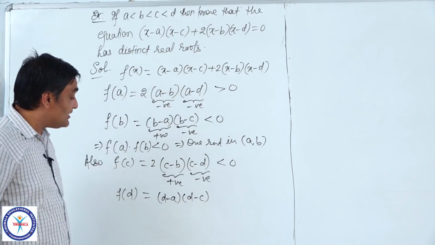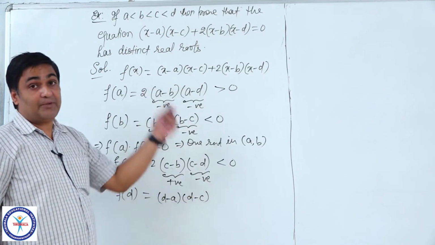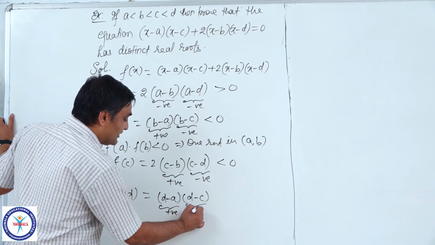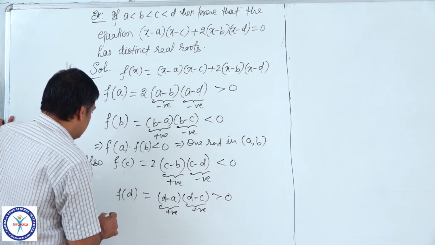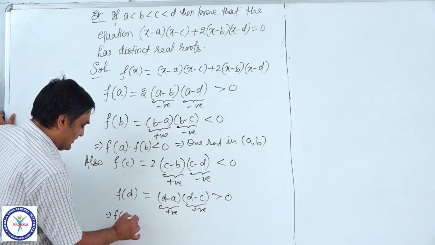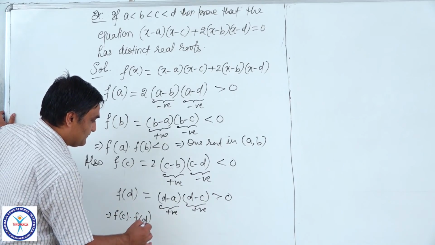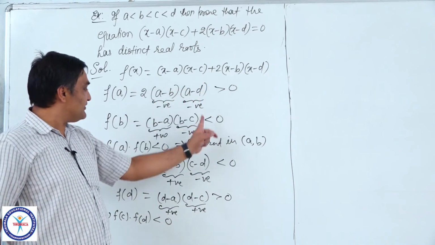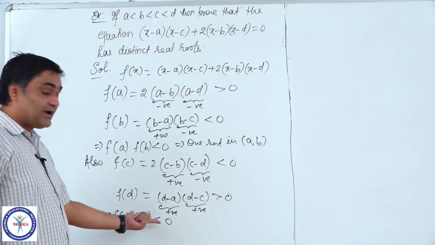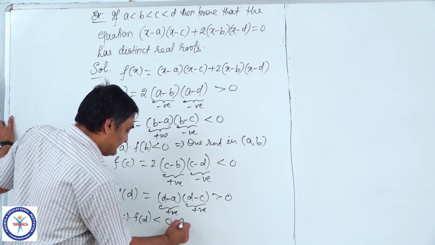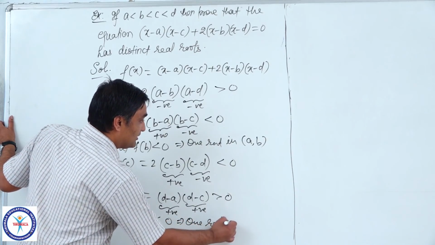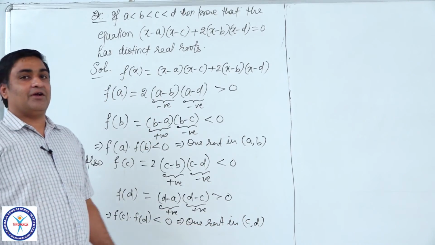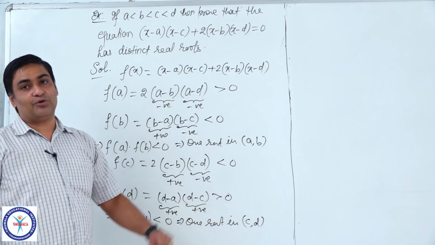Positive, because d is greater than a. Also d is greater than c, so d minus c will be positive. So it is greater than 0. This implies f of c into f of d is also less than 0. One is negative, one is positive. Here one is positive, one is negative. Product is negative, implying one root in (c, d). This is a quadratic: one root in (a, b), one root in (c, d).